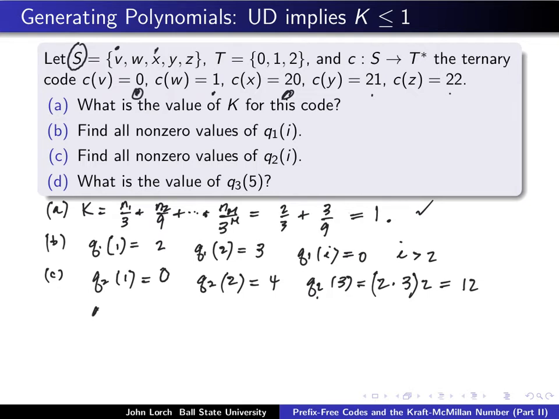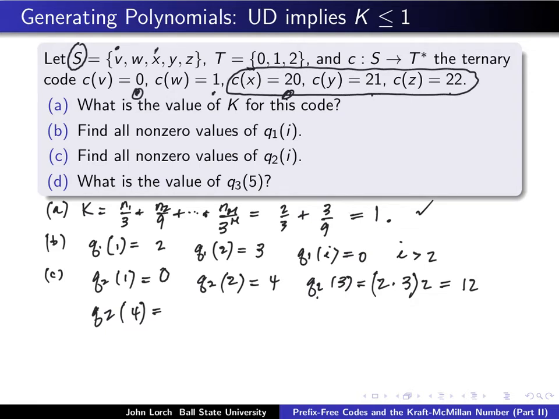And then finally, q sub 2 of 4. So here we're looking at messages of length 2 in S star that get encoded to messages of length 4 over in T star. The only way that can happen is if you put a couple of these guys together.